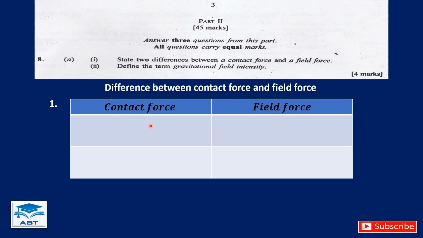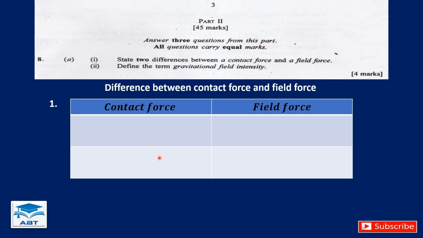An example is frictional force, which is a force that opposes the relative motion between two surfaces in contact. But a field force acts from a distance without touching. Examples are gravitational force, magnetic force, etc.